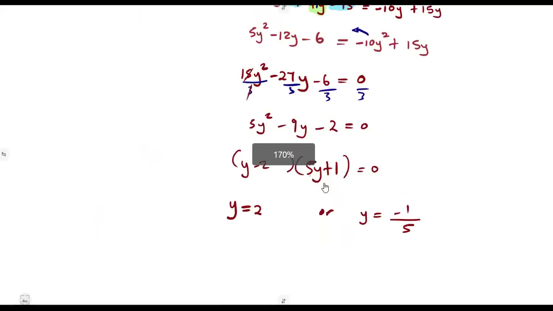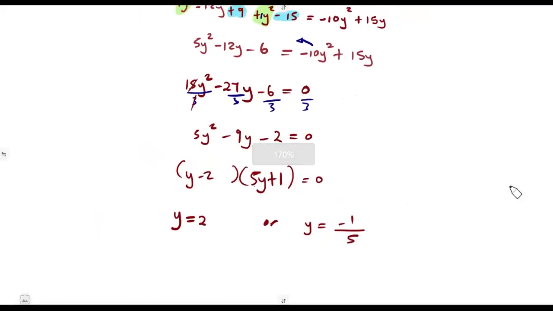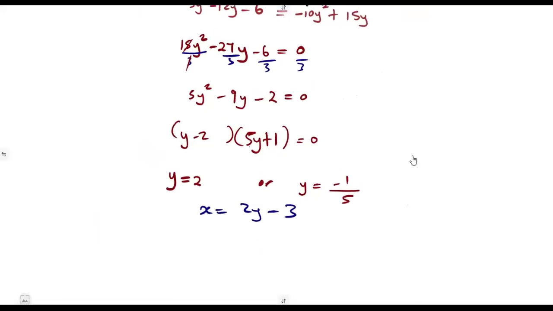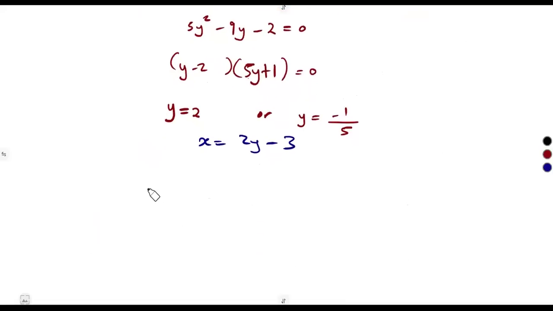For the value of x which corresponds to y equal to 2, we substitute in place of y. So that's 2 times 2 minus 3, which is 4 minus 3, which is 1. So this is the x value.